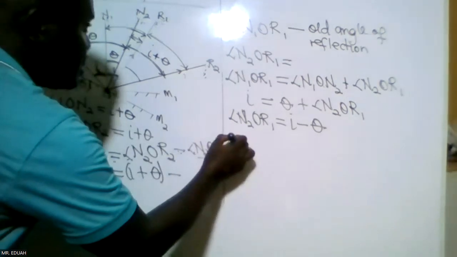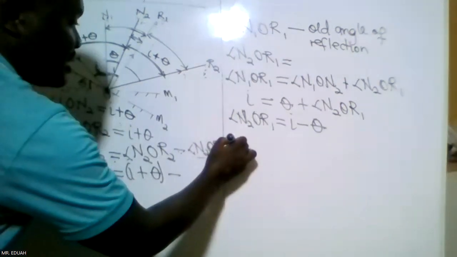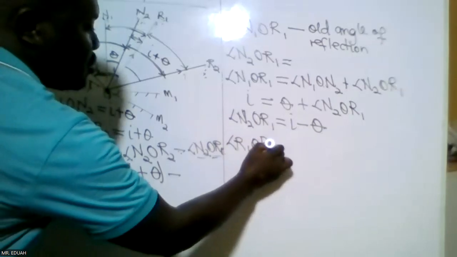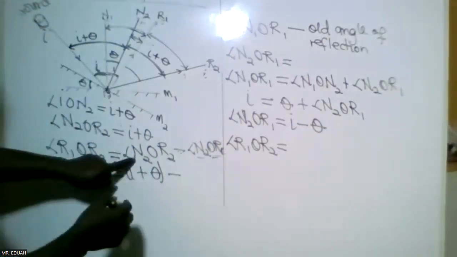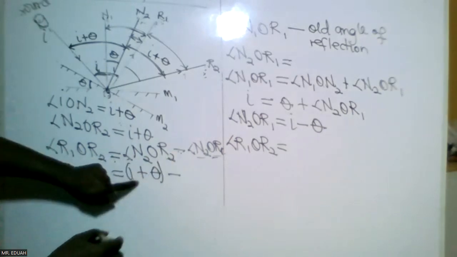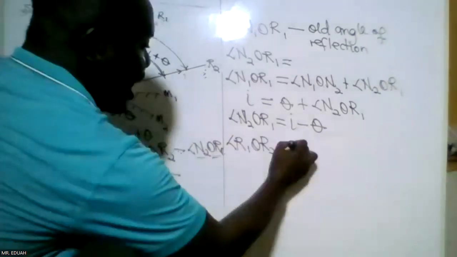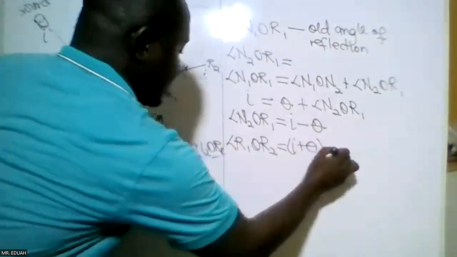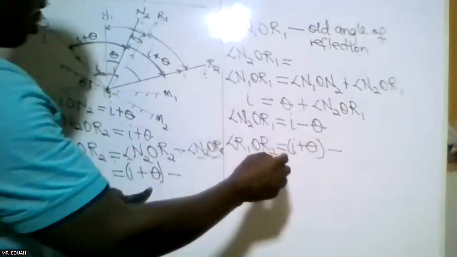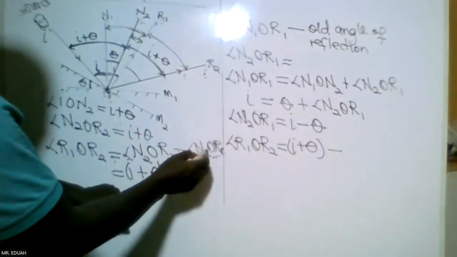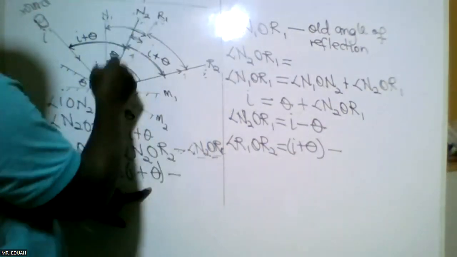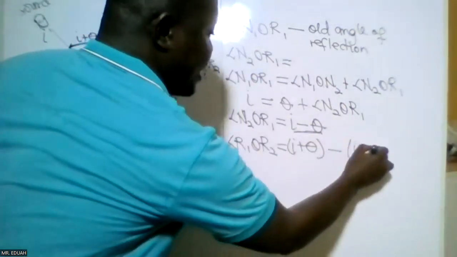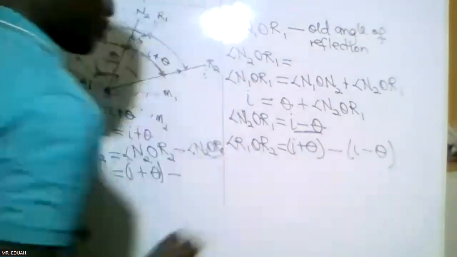Therefore, the angle between the two reflected rays R1 O R2 would be equal to N2 O R2, which is equal to this, so I plus theta, minus N2 O R1, which we found to be this, so I minus theta.